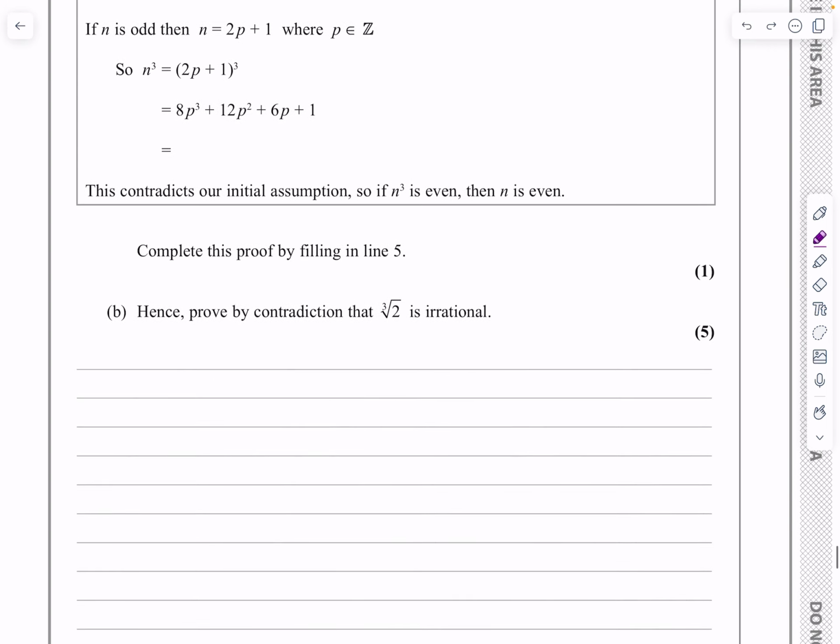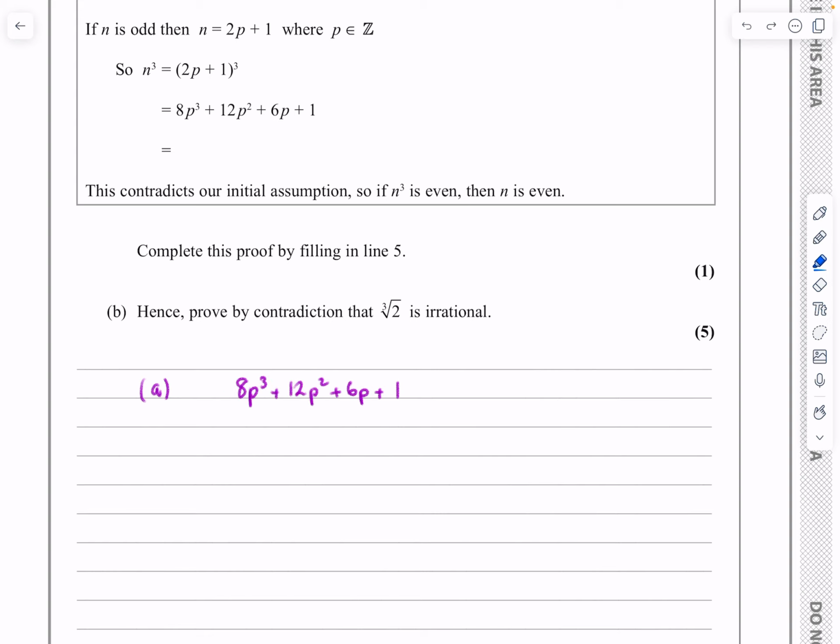So what I need to do is start with my 8p cubed plus 12p squared plus 6p plus 1. And what I'm hoping then is that that's going to turn out to be an odd number rather than an even number. How do I show it's either odd or even? Well, in this case, I'm simply going to factorize that part there.